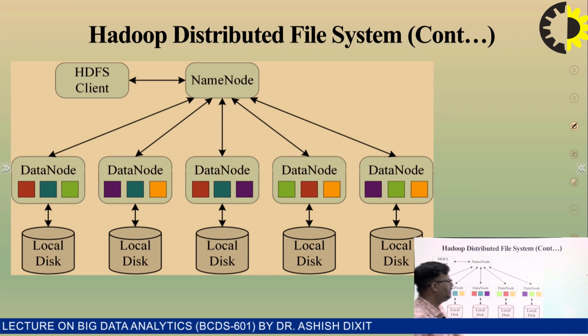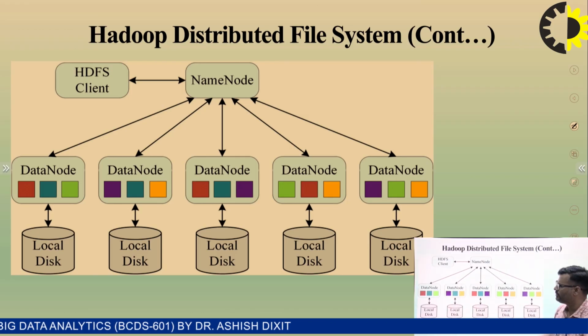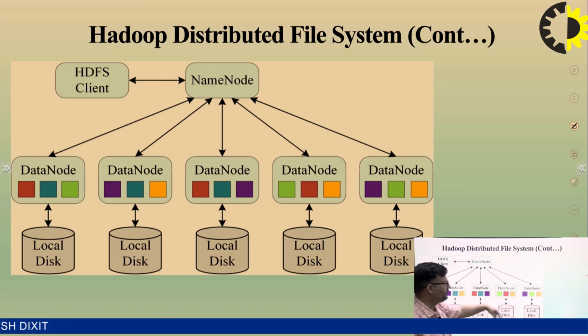Okay, these are our data nodes, and data nodes also have different types of files. These files exist on a local disk. This one, this one, this one, this one, and this one.